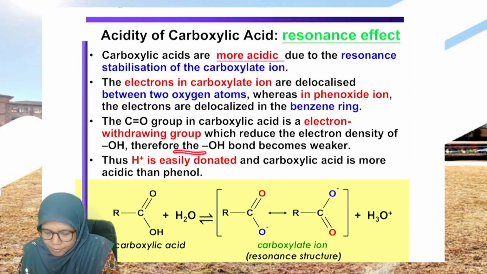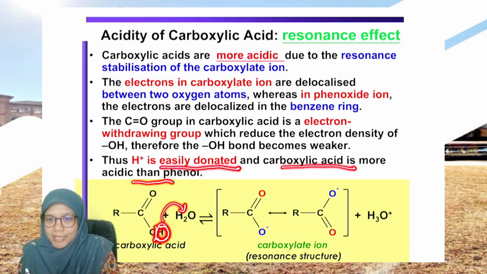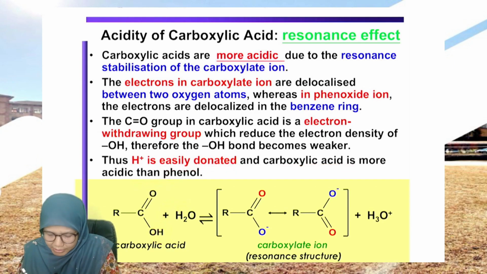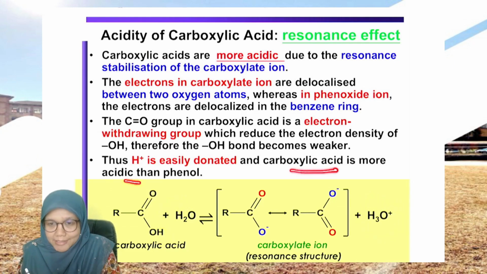Therefore, the OH bond become weaker. So, H plus easily donated, easily donated to water. And carboxylic acid is more acidic than phenol. Bila H plus donated to water, akan form H3O plus. So, that's why kita bagi tahu carboxylic acid ini more acidic than phenol.